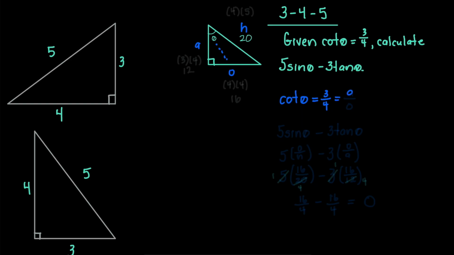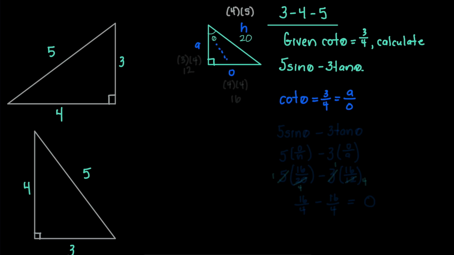Cotangent is adjacent over opposite, which we know are both of our legs. So if both of our legs are 3 or 4, we know the hypotenuse is 5. Right now our hypotenuse is 20. So that means all of our legs are multiplied by 4 because 20 is 4 times 5.